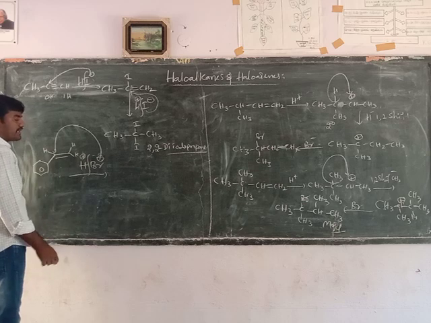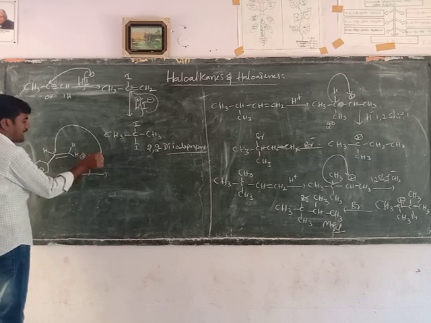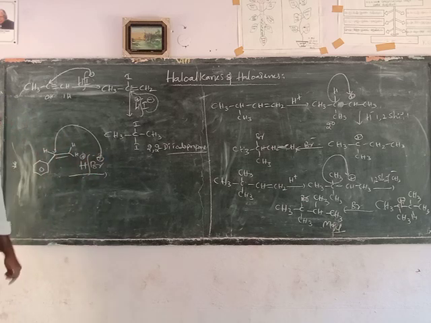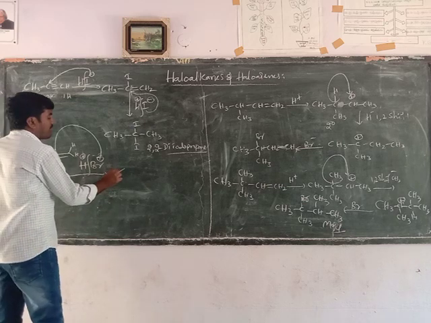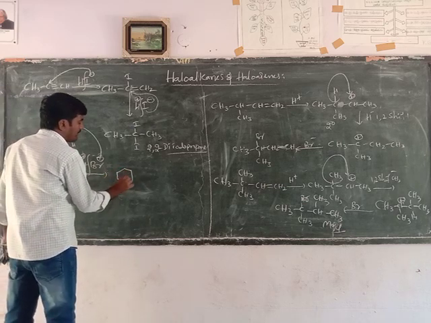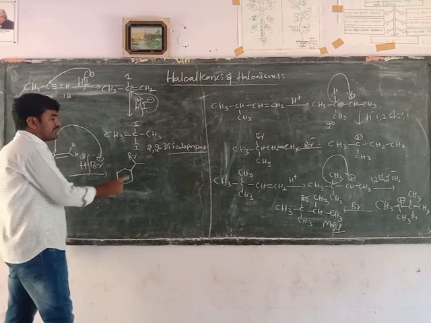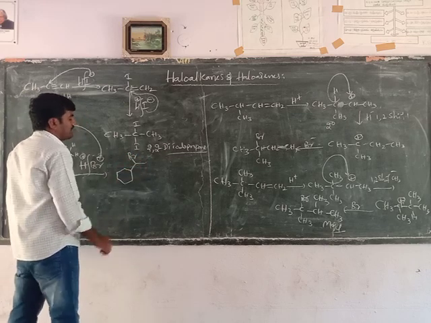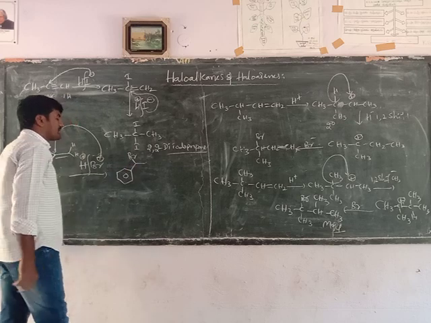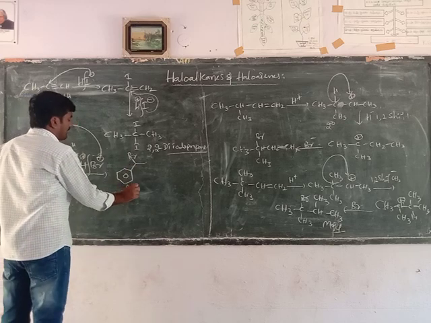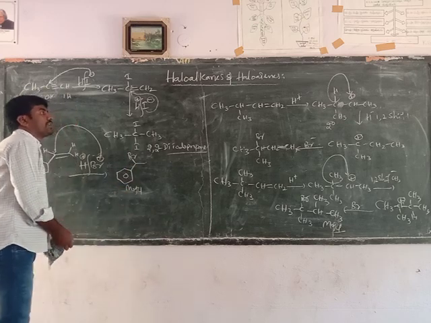According to Markovnikov, Br minus gets attached at the benzylic position and hydrogen attacks the terminal carbon. This is the major product according to the Markovnikov rule.